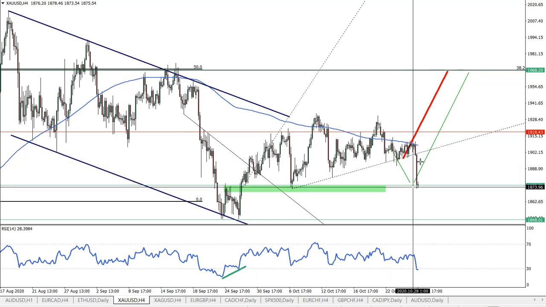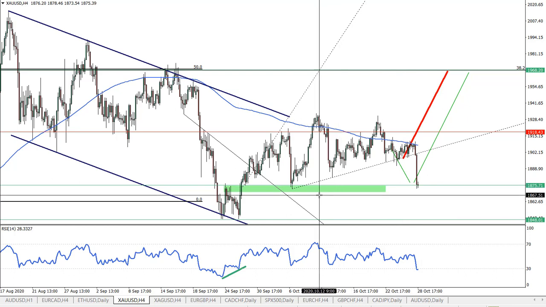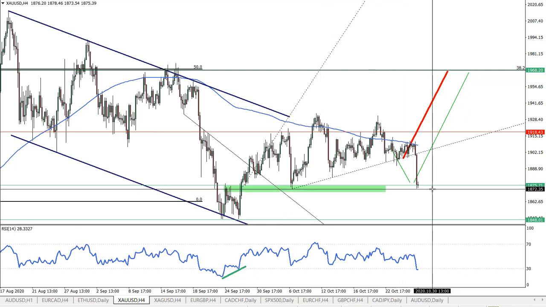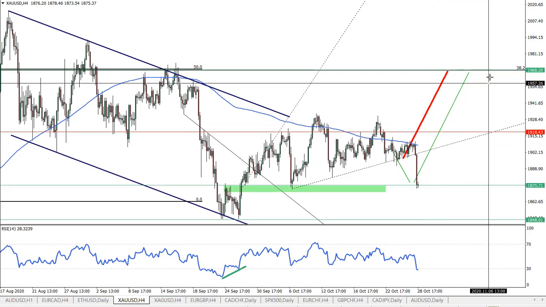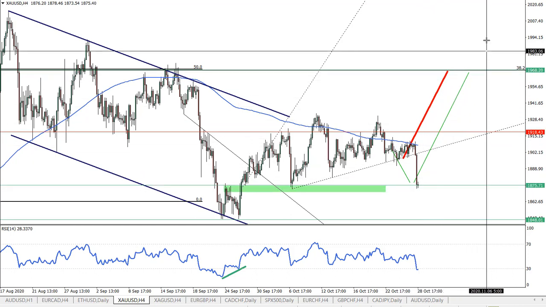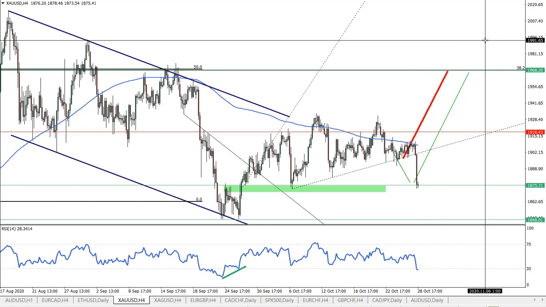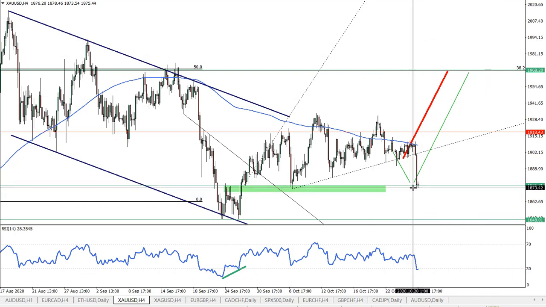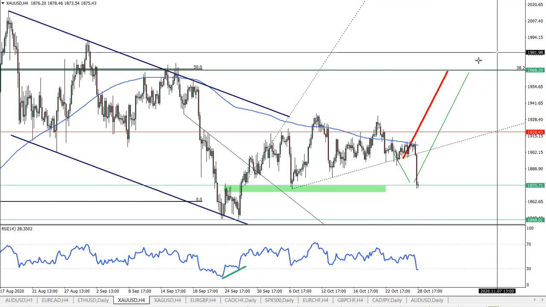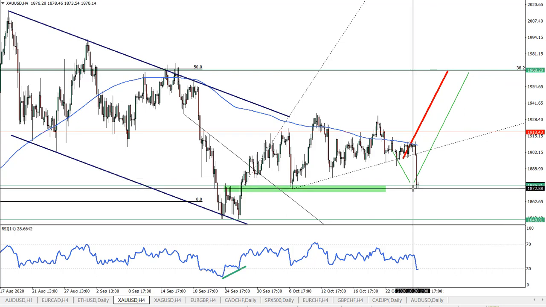So now we had this break below the trend line. We did test this support area, and this is obviously a very attractive buying price. So this is a long term, and gold could be rising not towards this level, but much higher towards the new all-time highs if we will hold this support. So there is a huge potential for the gold price if it holds this support. As I said, this is a very attractive price.